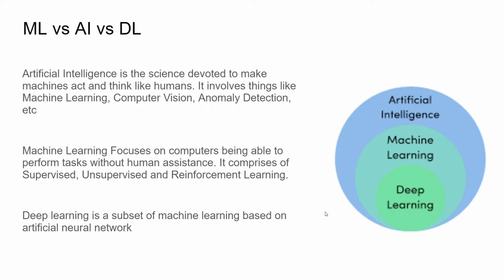Then reinforcement learning is something where a model learns from itself. You might have heard about Google's AlphaGo project, where a computer actually won against the grandmaster of Go, which is a Chinese game.